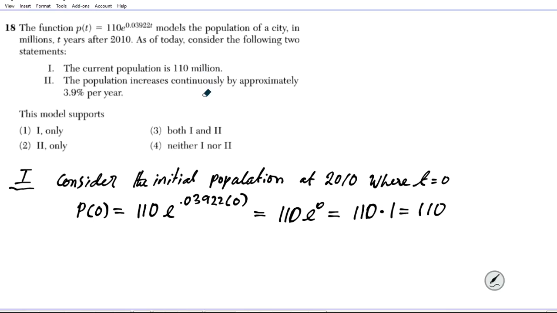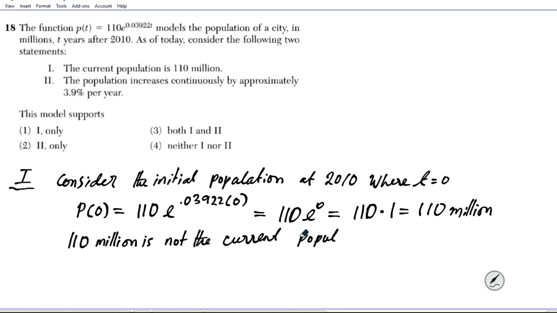So 110 million is not the current population. 110 million is the population in 2010, 6 years ago. So 110 million is not the current population, but that of the start, and that was in 2010.